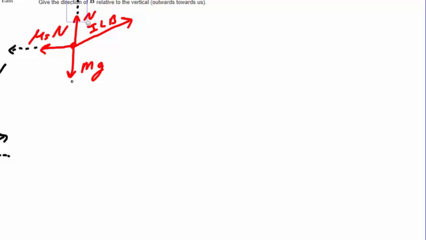And this will be a vertical and horizontal coordinate system chosen such that we only have to take components of one of our four forces, and that will be the magnetic force. We'll assume that the angle theta is the angle in between the magnetic force and the horizontal, and therefore assign horizontal and vertical components to the magnetic force, and these are respectively ILB cos theta and ILB sine theta.